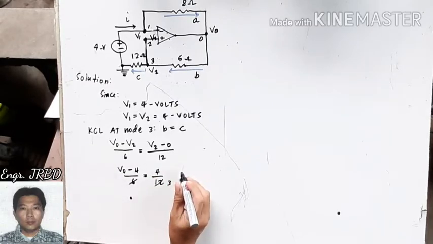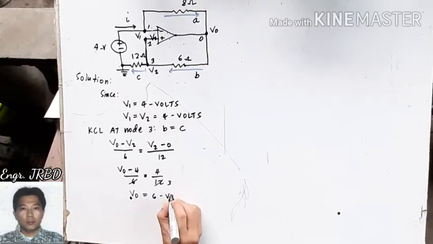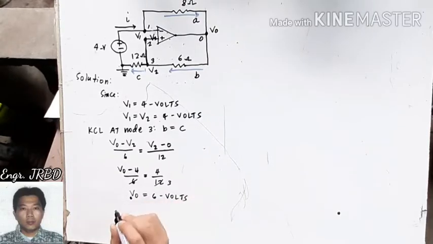So that will be what? 24 over 12 is 2, plus 4. V sub O is 6 volts. Correct?